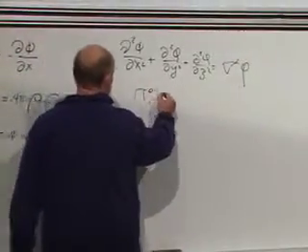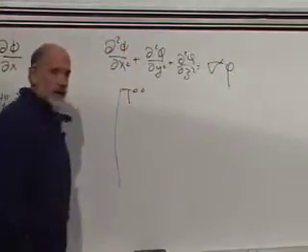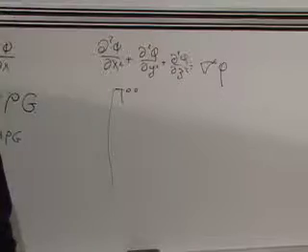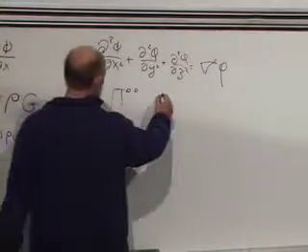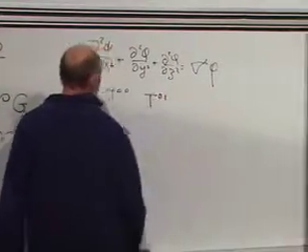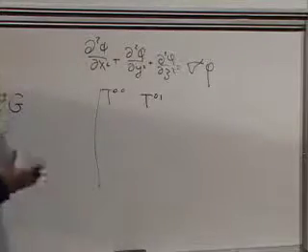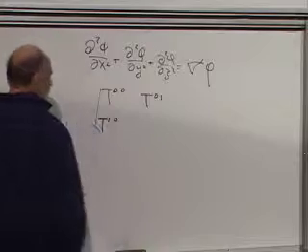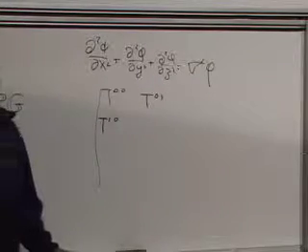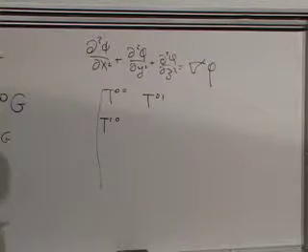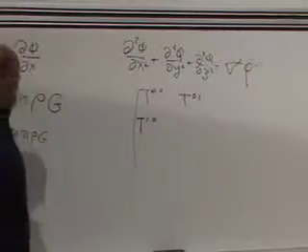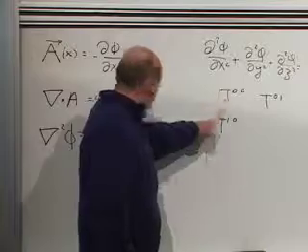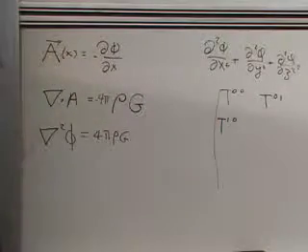T naught naught. What was T naught naught? Energy density. What was T naught 1? Energy flux or energy flow. How about T1 naught? Momentum density. All right? On the right-hand side, it's pretty clear that what we have is T naught naught, the energy density, which is the same as the mass density.